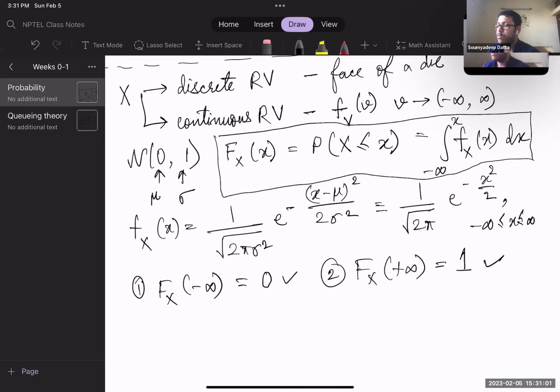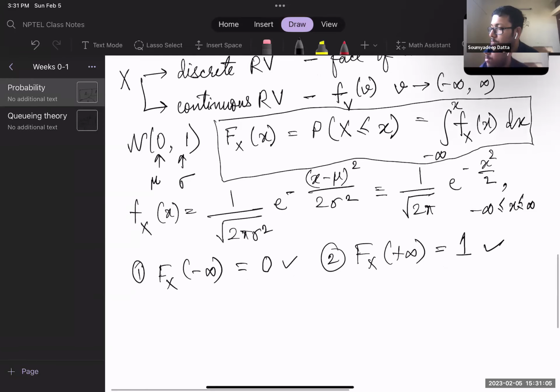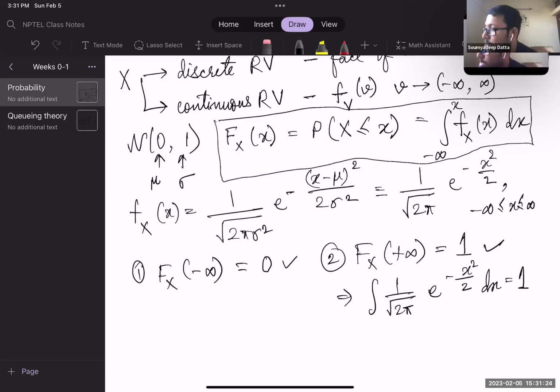So essentially what this gives us is the result that this function, which is known as the PDF of the Gaussian, integrates to 1. We know the solution to this integration, otherwise you cannot solve it using the regular integration techniques that we know.